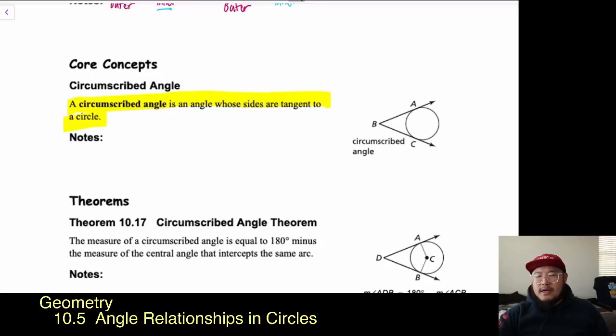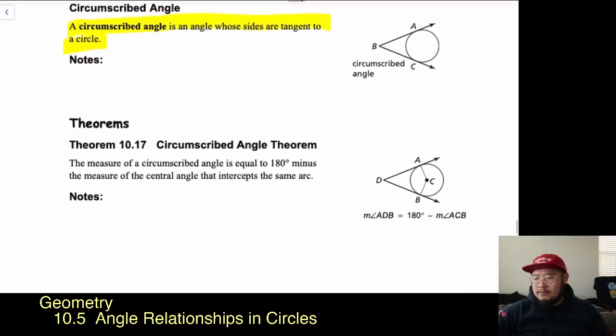Now the reason why that's important is that right here in Theorem 10.17, the circumscribed angle theorem, it states that the measure of a circumscribed angle is equal to 180 minus the measure of the central angle that intercepts the same arc.